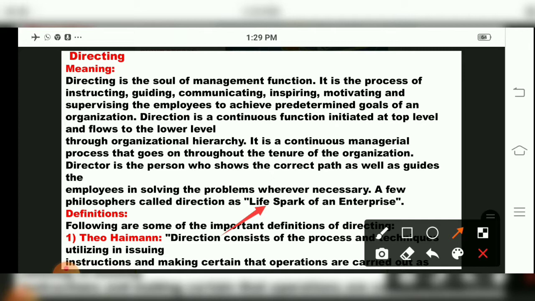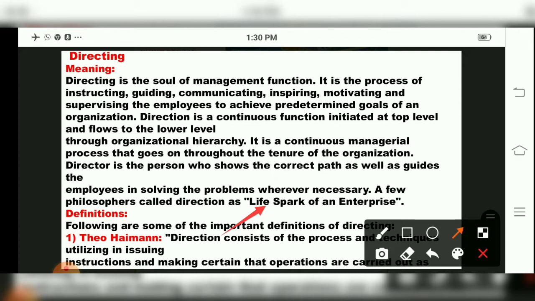A director brings out the best of his team, and then a good movie is made, children. A best movie is appreciated by people because of the director, because they guide, motivate and inspire. So directors have been called the life spark of an enterprise.